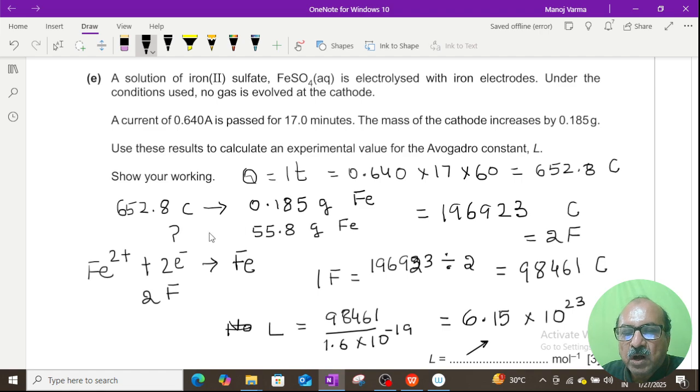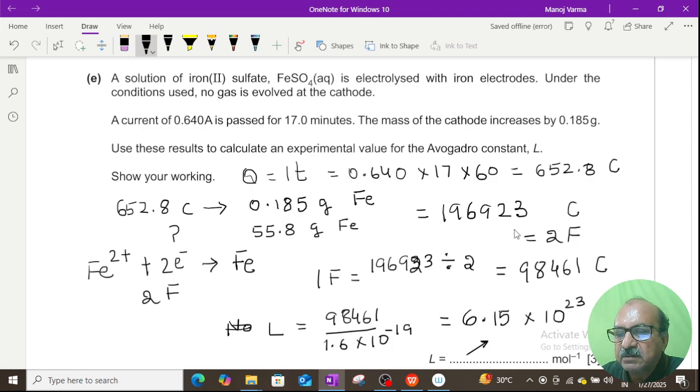55.8. So how many coulombs will be required to deposit 1 mole of Fe? So we can easily calculate it by cross multiplication, and we get 196923 coulombs to get 55.8 gram of Fe. But in this, 2 Faradays are involved, as you can see.